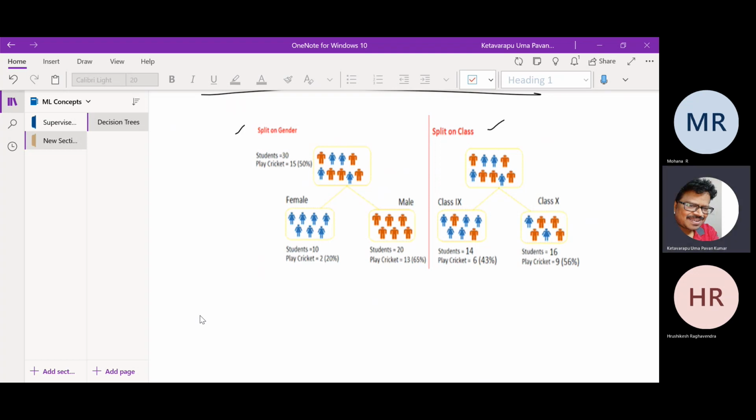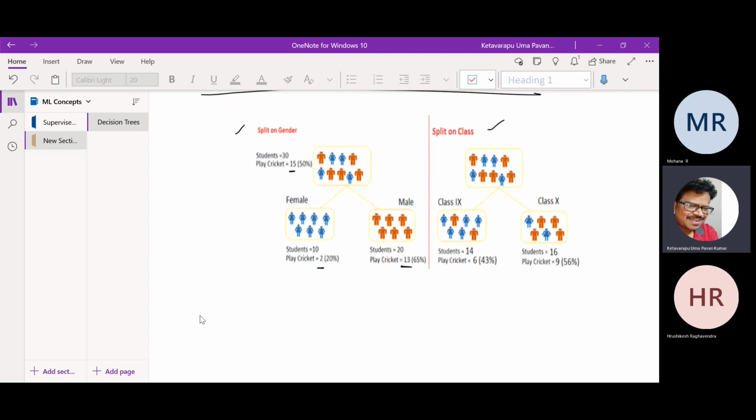Along with that, a total of 30 students we are having, and out of 30, 15 members are willing to play. From the female gender, we have a total of 10 students. Only 2 members are interested to play cricket, whereas from the male category, we have 20 students, and 13 members are willing to play cricket.